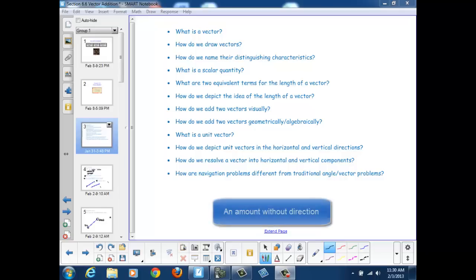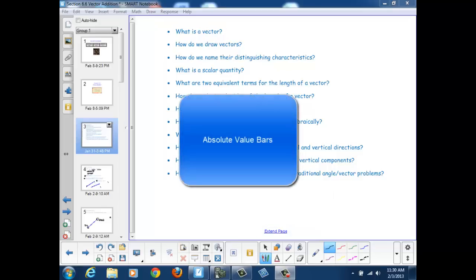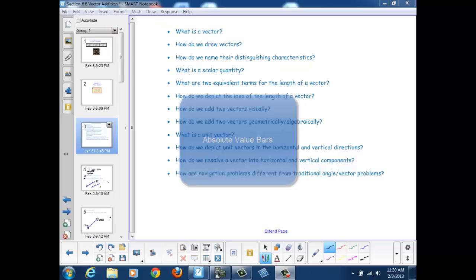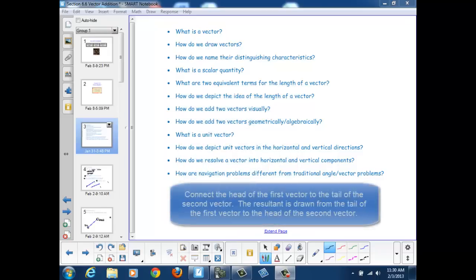What is a scalar quantity? It's a quantity without direction. It has a single characteristic, an amount. What are two equivalent terms for the length of a vector? Absolute value and magnitude. How do we depict the idea of the length of a vector? With the absolute value bar signs. How do we add two vectors visually?